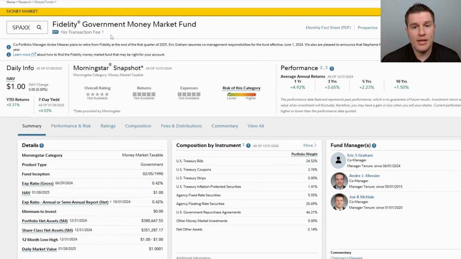One of the things I love about Fidelity is it shows you all the details. You can see how big the portfolio net assets are. It has $380 billion. So of all the people that have different accounts, there's $380 billion in this fund. It is an extremely valuable fund for Fidelity.